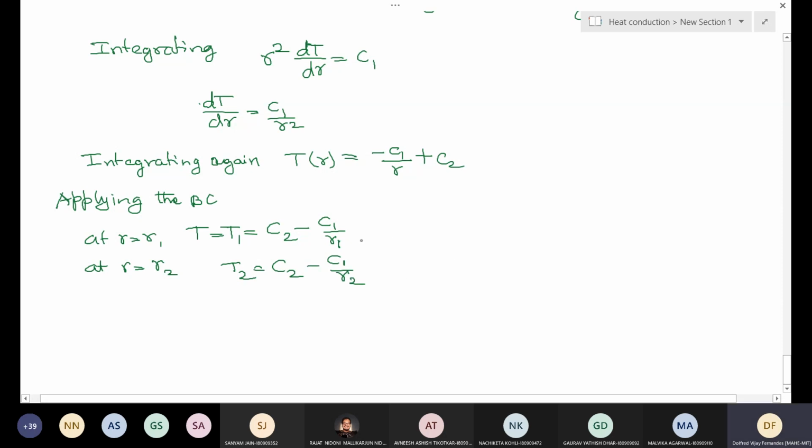Solve to obtain C1. If you subtract, T1 minus T2 equals, taking C1 out, C1 times (1 by r2 minus 1 by r1), and simplify this one.